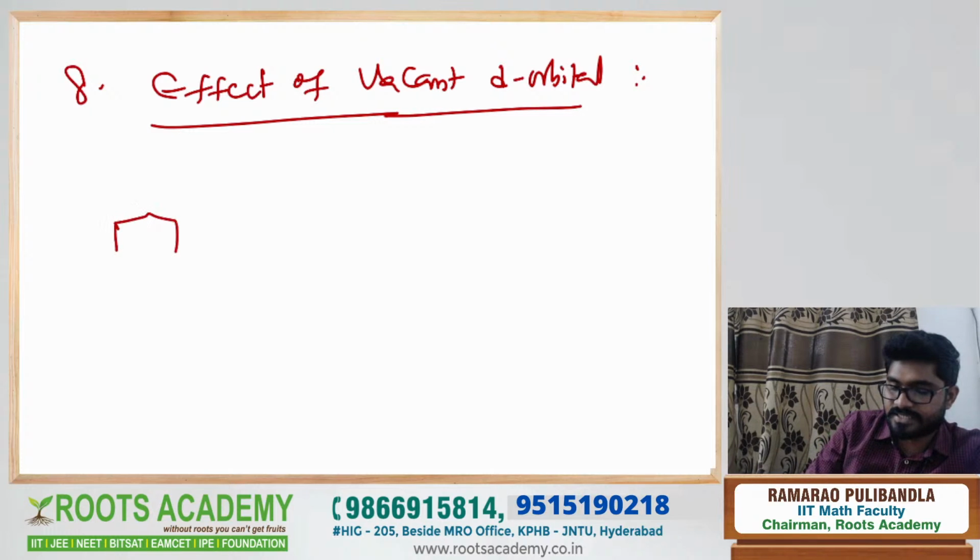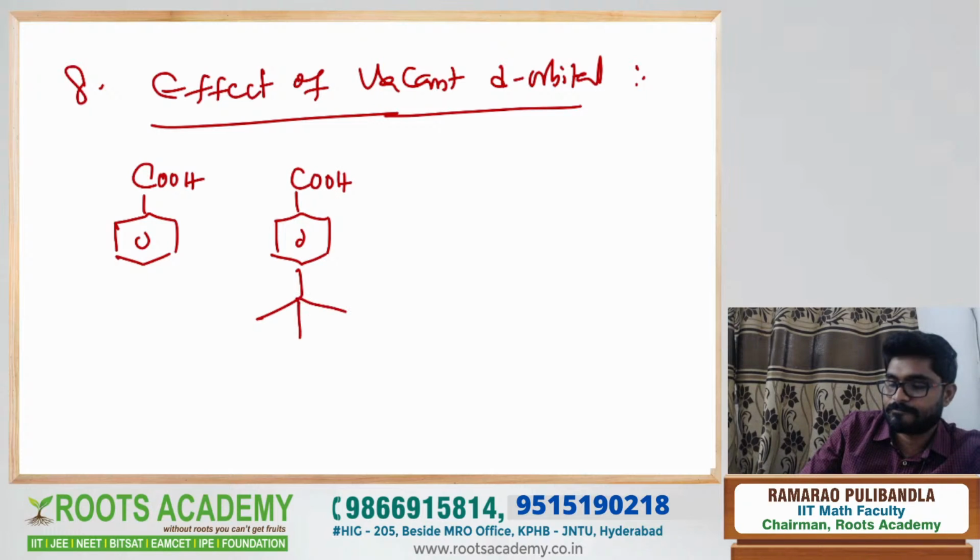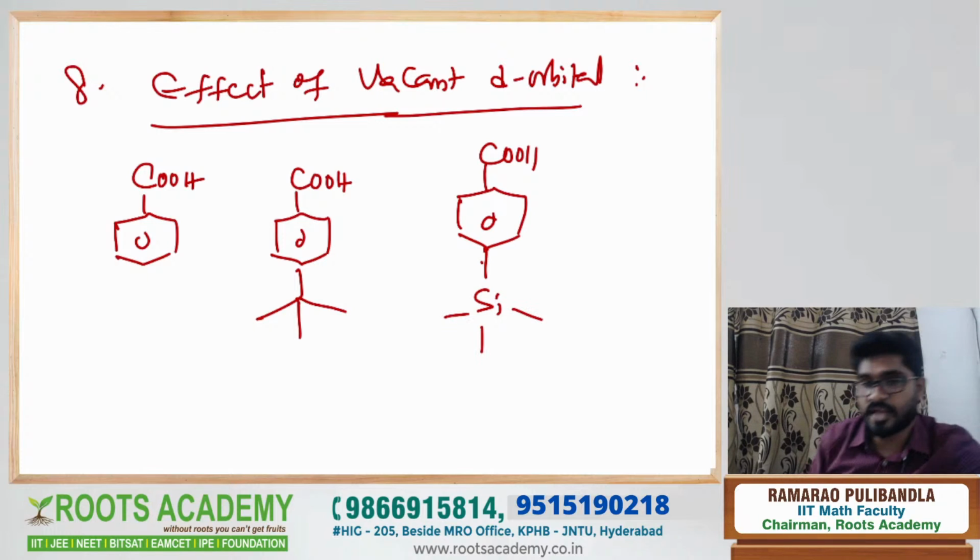Now, see guys, we are taking benzoic acid. And I am taking benzoic acid only with some methyl groups like that. Benzoic acid with this kind of groups, 1, 2, 3. Now you decide which is more acidic among those three.